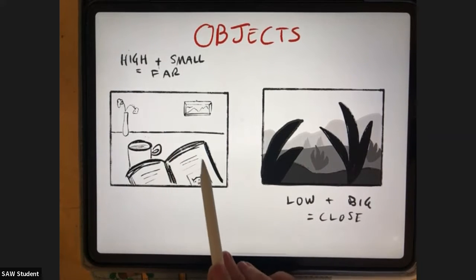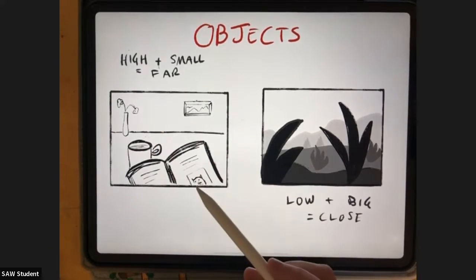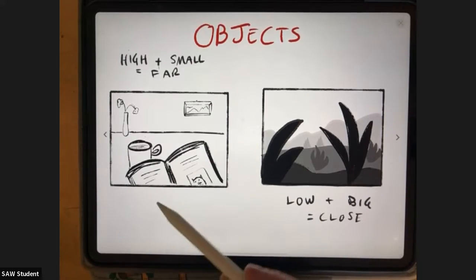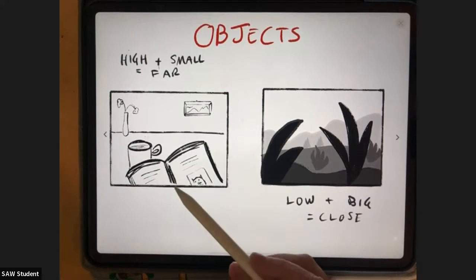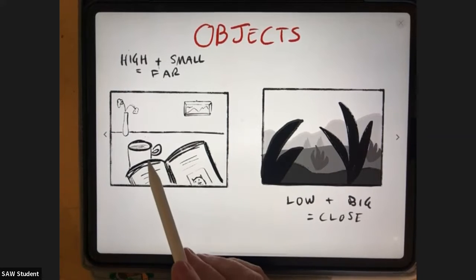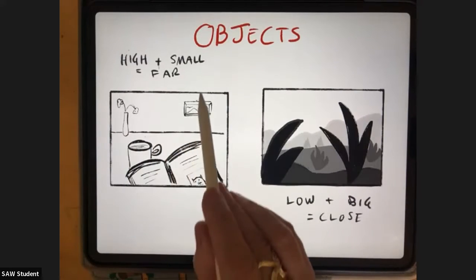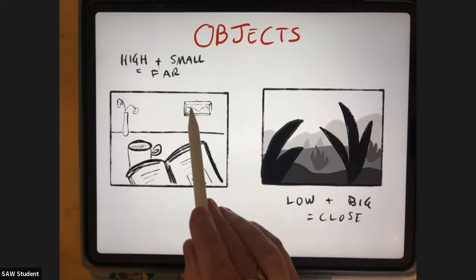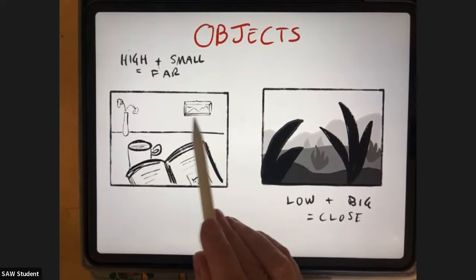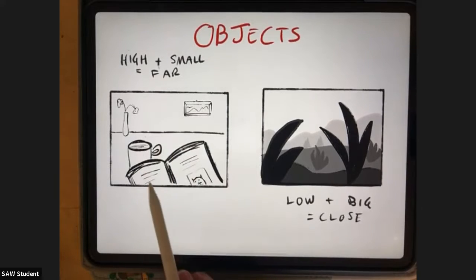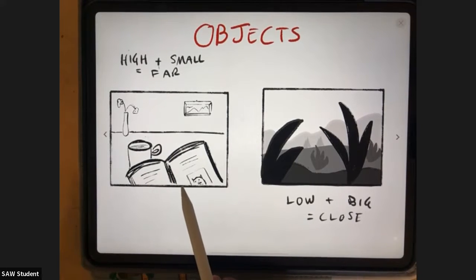The things that are lower down on the page, lower and bigger, seem closer to me, closer to you, the reader. As you move up and make things smaller, they look further away. So if it's high and small, it's far away. If it's low and bigger, it's near you.